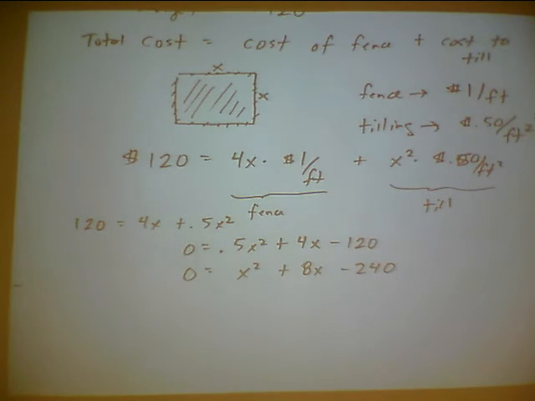Now there's a couple ways you could solve this. You could try to factor. You could use the quadratic formula. Let me see if I can factor. I'm trying to think, my product would be negative 240. My sum is 8.